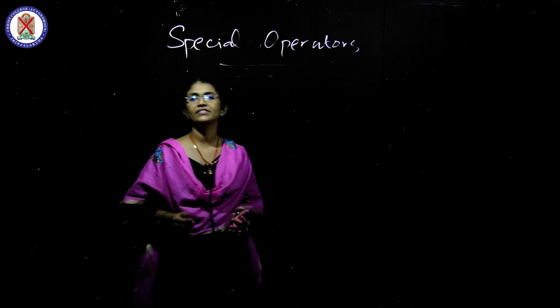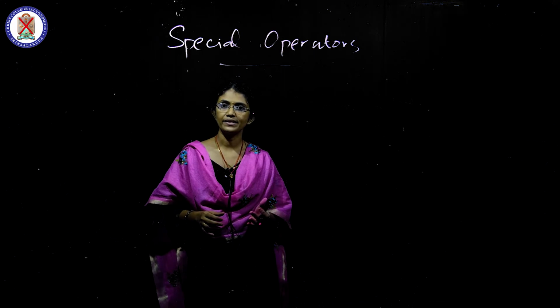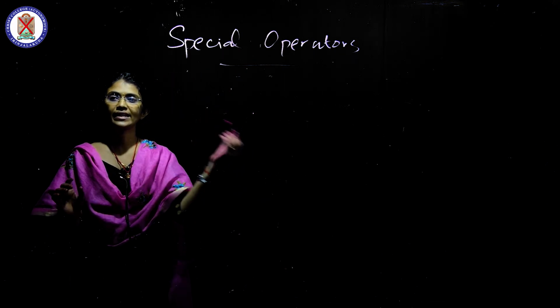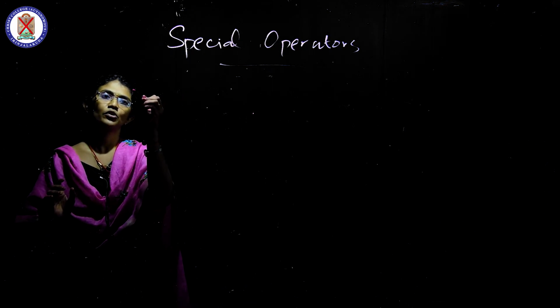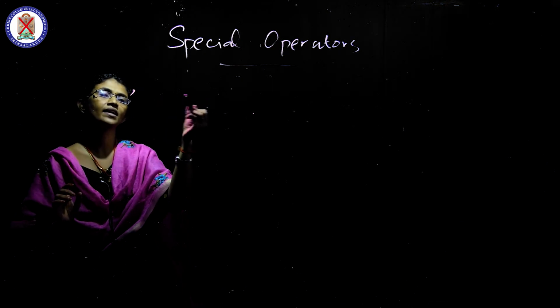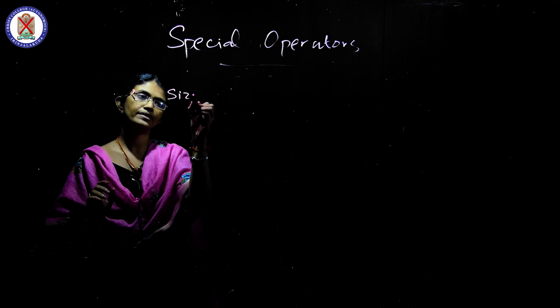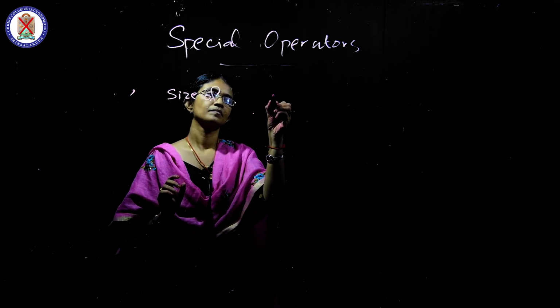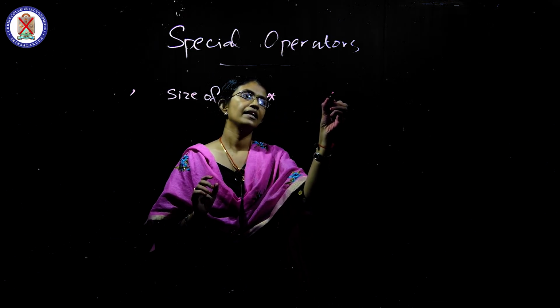Finally, we are going to discuss special operators. C has some special operators. They are the comma operator, sizeof operator, asterisk, and ampersand.